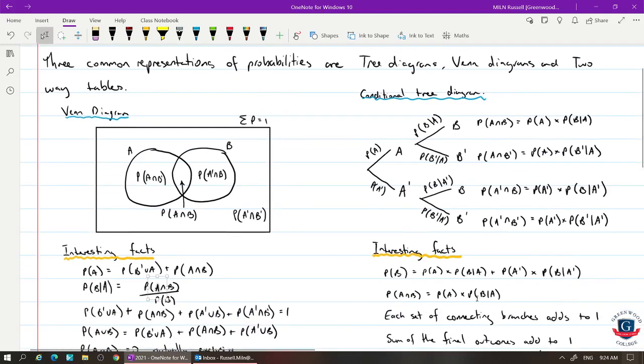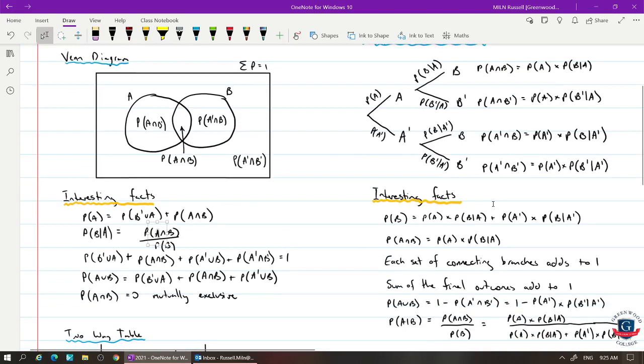So if we wanted to find the probability of B, we'd have to look at everywhere where the B events occur, work out the probabilities, and then add them together. And that's what I've said here. If we wanted the intersection, we would need where A intersection B occurs, which is those two events multiplied together. Now the interesting thing about these tables is these two values here will always add to 1, as will these two, as will these two, as will all of these four final outcomes add to 1.